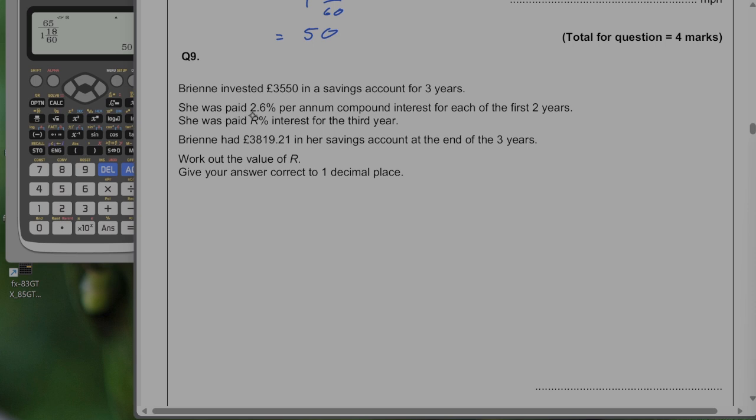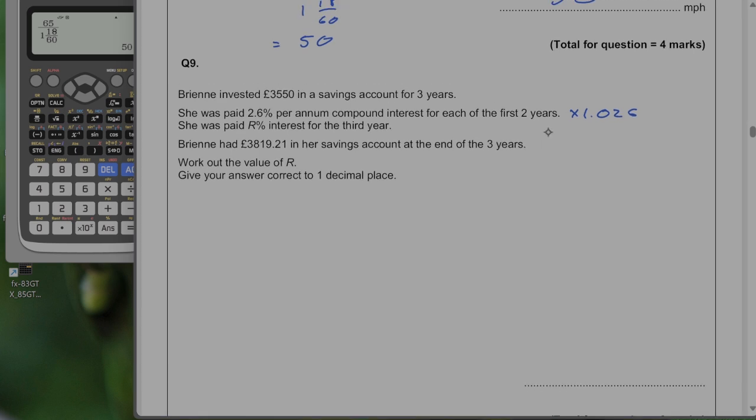Okay, so what I'm going to say is 2.6% compound interest is going to be a multiplier of 1.026. And then I'm going to say my next multiplier is going to be equal to, I'm going to call it Y for now. And I'll come back to that because I'm going to work out the value of Y and then I'm going to convert that to a percentage afterwards.